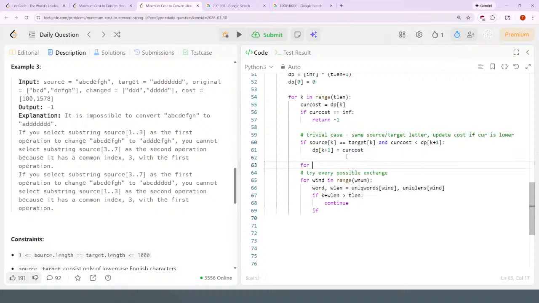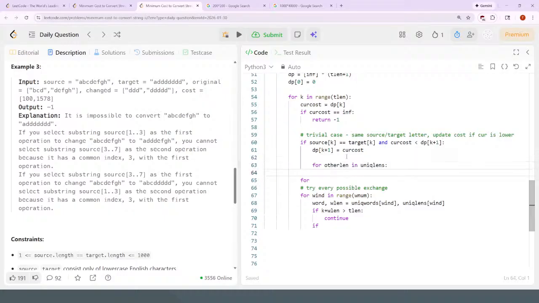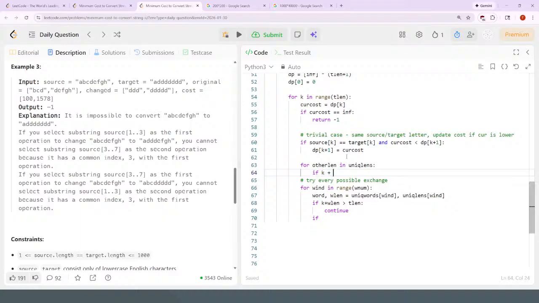For every other length in the unique lengths, if k plus this other length is greater than the total length, then skip it.